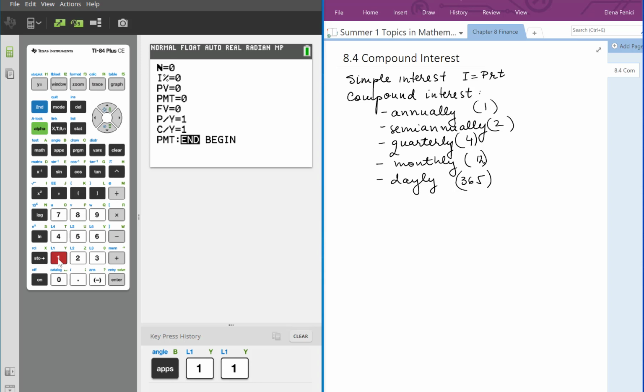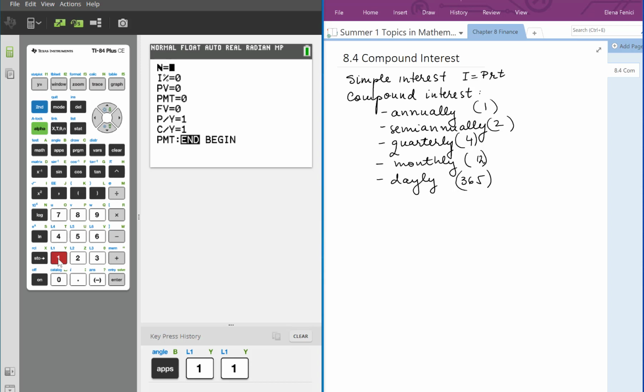N stands for the number of times your interest is going to be computed. I% is the interest rate, so you're just going to write the number. PV stands for present value, which sometimes we put a number there. PMT stands for payment. FV stands for future value.